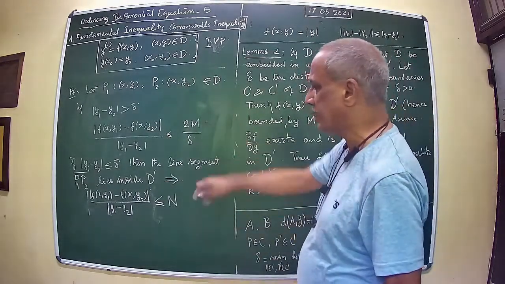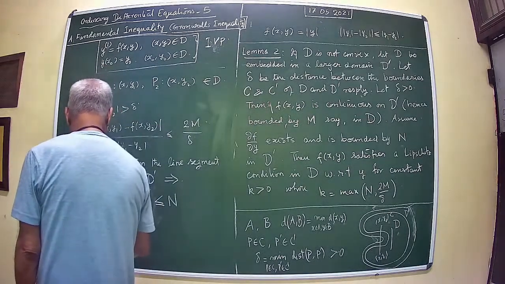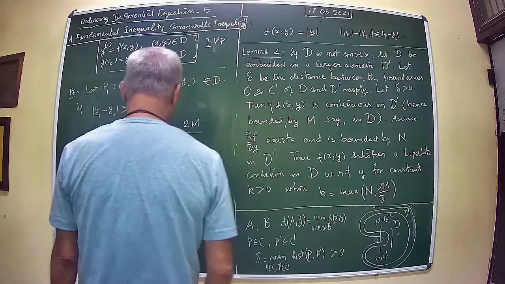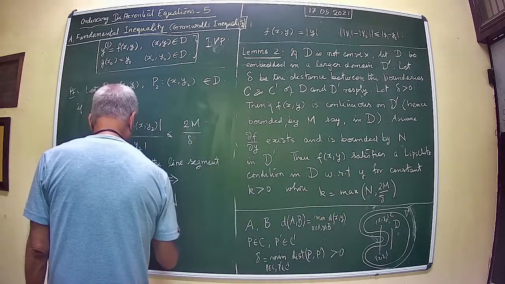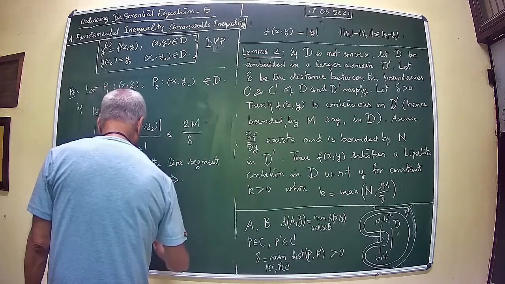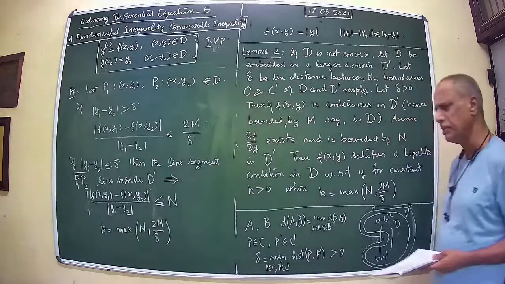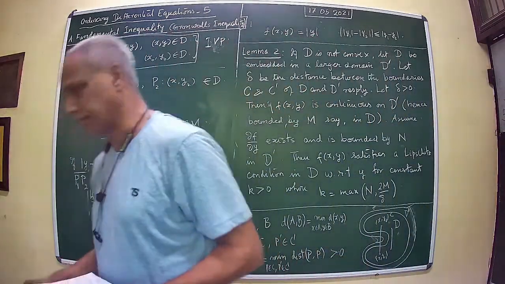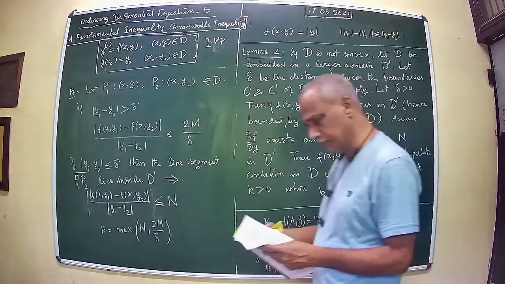And combining these two, it follows that it satisfies the Lipschitz condition. So if you choose k to be the maximum of n and 2n, under these conditions all these things are accepted. You can have a look at this problem explicitly. So that tells you about the Lipschitz condition.